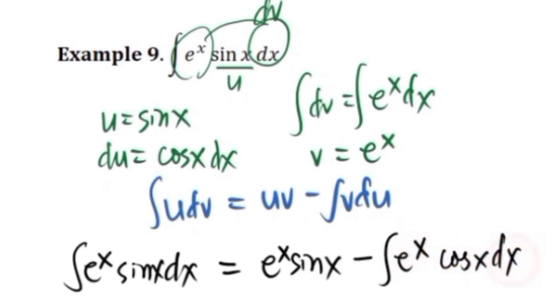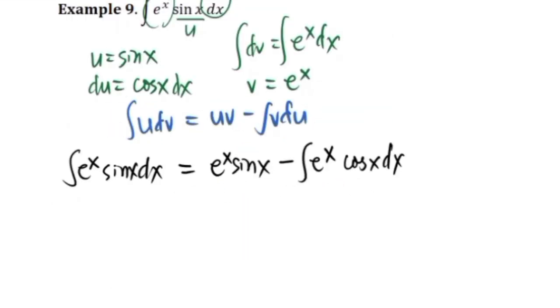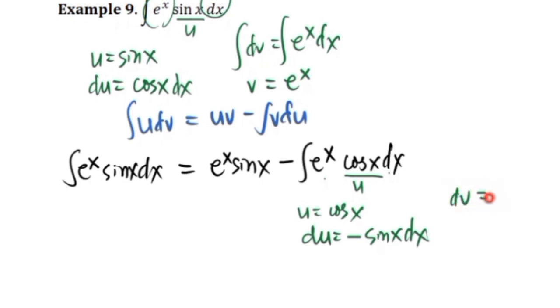So again, we do the integration by parts. Since from the start we let our u be the trigonometric function, this is still our u, and the e to the x dx is our dv. So u is equal to cosine x, du is equal to negative sine x dx. So your dv is equal to e to the x dx.